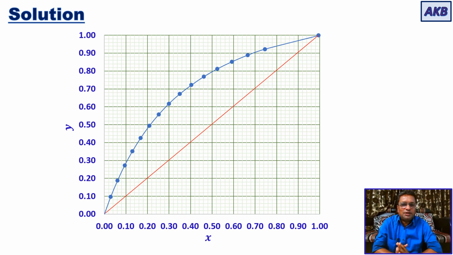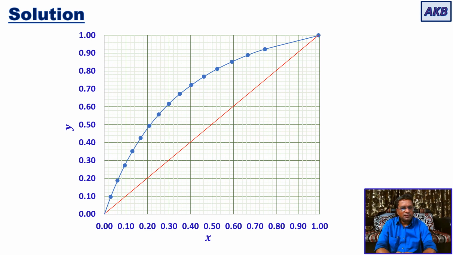A being the more volatile component, it is the predominant component in the vapor phase, or the vapor phase is rich in the more volatile component. The fact that the distribution diagram lies above the diagonal line tells you that the vapor phase is rich in the more volatile component.